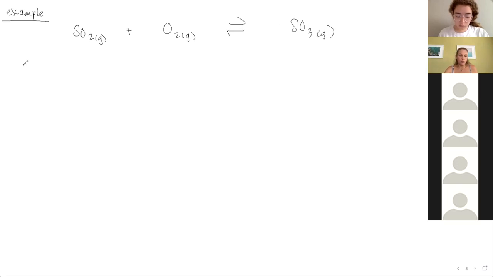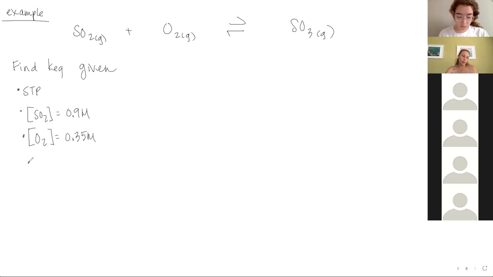And I want you to find KEQ given the following. We're at standard temperature and pressure. Concentration of sulfur dioxide is 0.9 molar. The concentration of oxygen is 0.35 molar. And the concentration of sulfate is 1.1 molar.